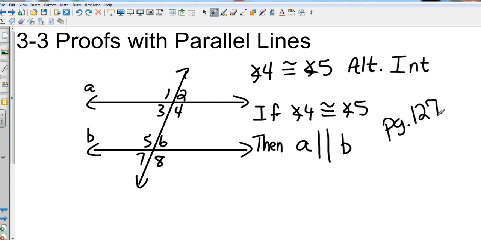And so that would also work for alternate exterior angles, consecutive interior angles, and corresponding angles. In the case of consecutive interior angles, if they give us that they are supplementary, then we could prove that the two lines are parallel.